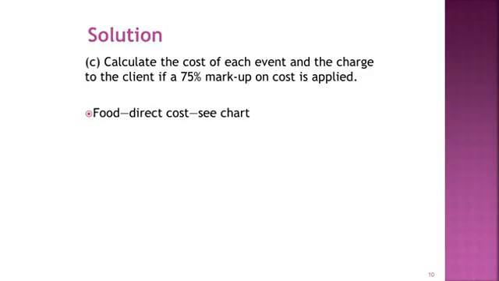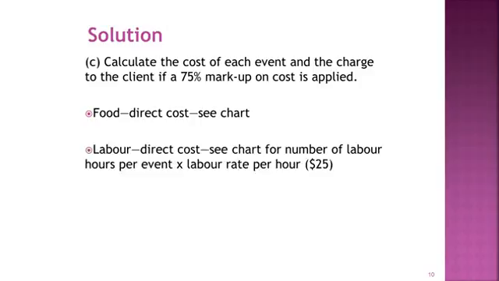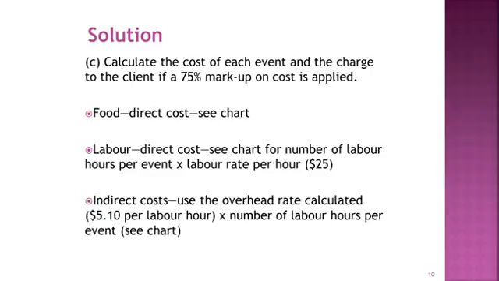Okay, part C, calculate the cost of each event and the charge to the client if a 75% markup on cost is applied. The food is a direct cost, and we've got that on the chart. The labour is a direct cost, and it is the number of labour hours for the event times the labour rate per hour of $25.